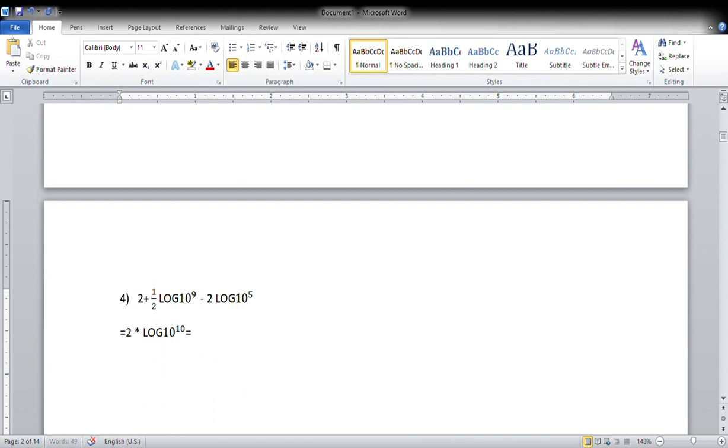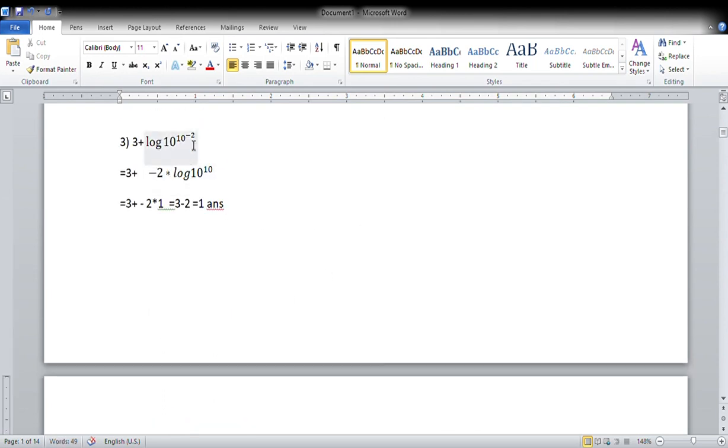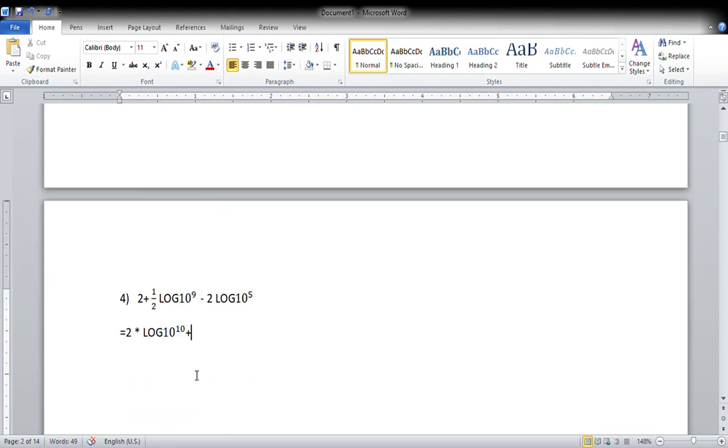Now, in what you have studied previously, suppose there is a number present on the power side, we can simply put that number on the front side. That means if 10 to the power 2, this 2 will come to the front side. At the same time, we can go for the reverse also.